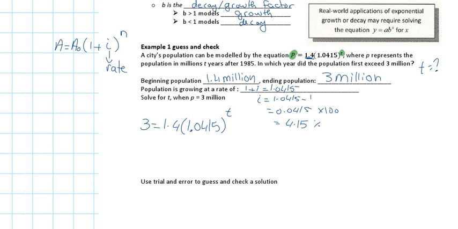Before I do that, this is very important. First thing you want to do is get rid of that multiplication that's happening here. The 1.4 times the bracket, you want to get rid of that. So if I want to get rid of that 1.4, I bring it over, and it's going to be 3 divided by 1.4.